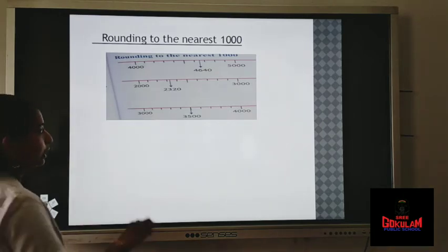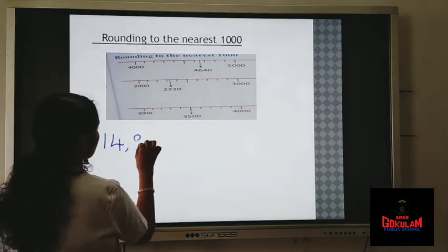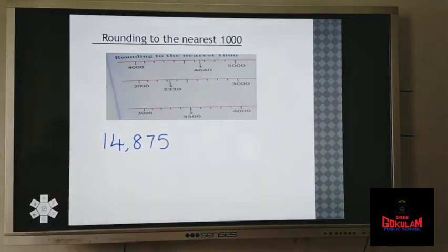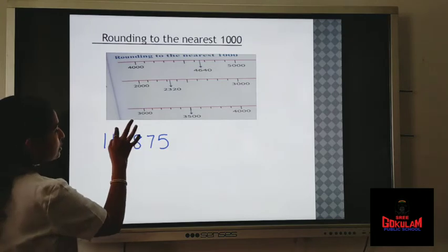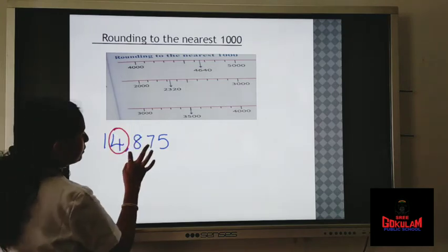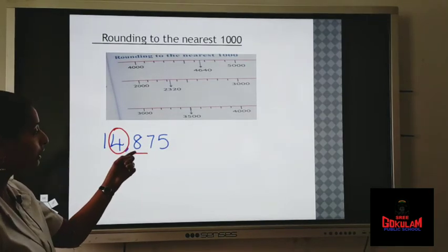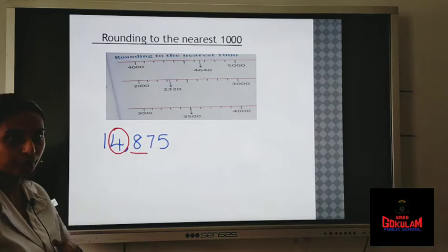One more example I'll tell you. 14,875. So here we have to circle the thousands place and underline the 100 place. And just check if that is 5 or above, or below 5.